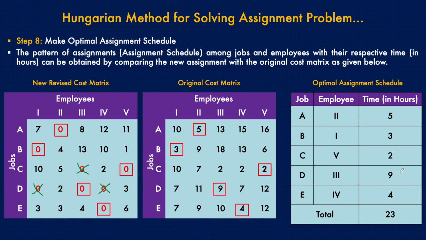In total, by adding all this time, 5 plus 3 plus 2 plus 9 plus 4, which is 23 man hours. This is our final answer. Ensure that after getting the optimal solution from this new revised cost matrix, we prepare such an assignment schedule. Hope you understood. Thank you.